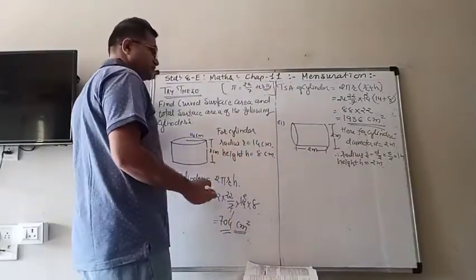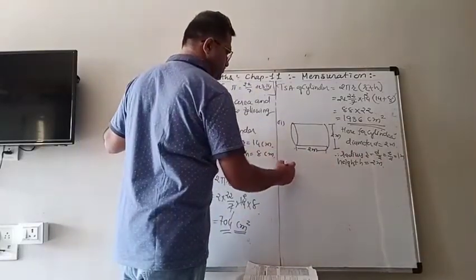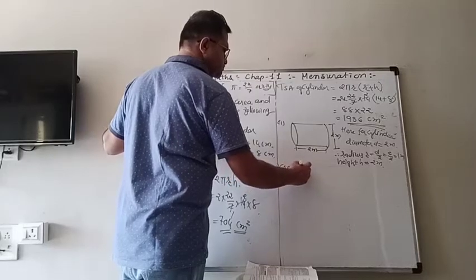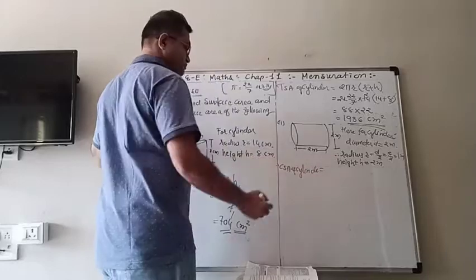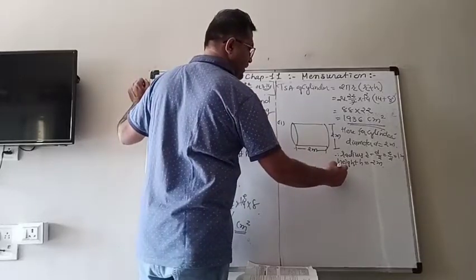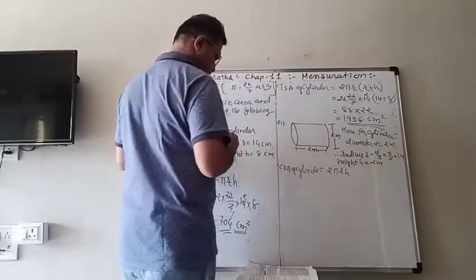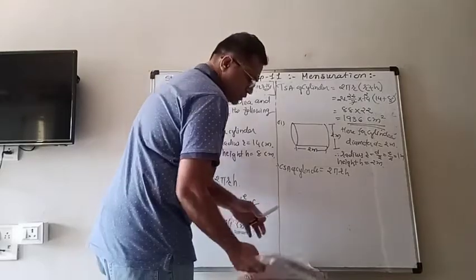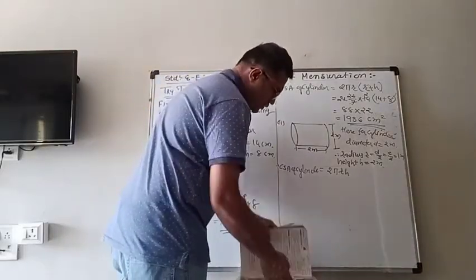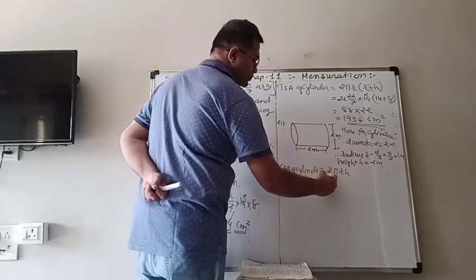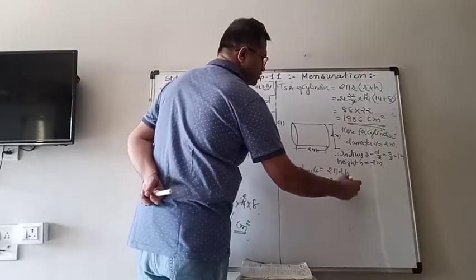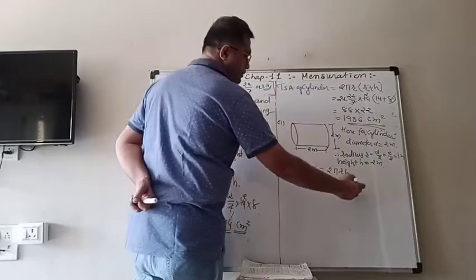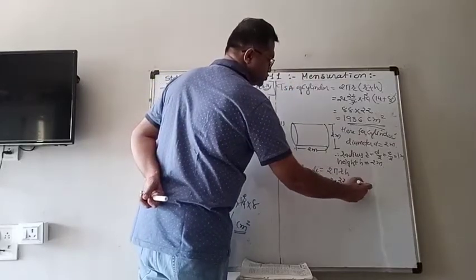So now first we will find CSA. Therefore CSA of cylinder is 2 pi RH. So you have to put the values. 2 into 22 upon 7, R is 1 and H is 2.